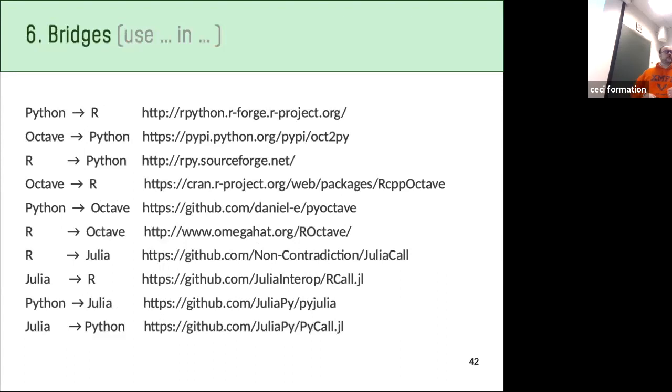I said at the very beginning that if you choose a language and you find a package in another language that you really want to use, it's not a problem. You can actually use bridges that allow you to create links between your code in Python, for instance, and a library in R. So here are all the pairwise different possibilities: for using Python in R, you use this project; for using Octave in Python, you use this project, and so on.